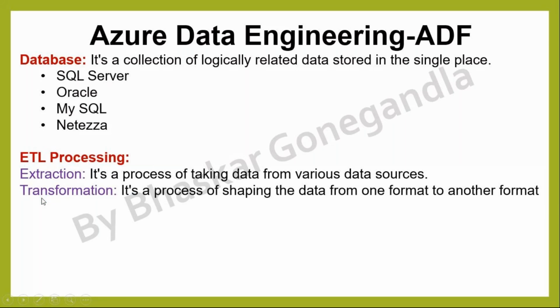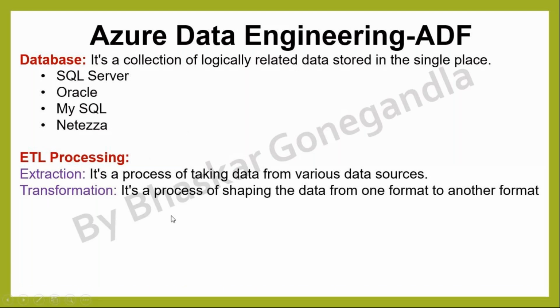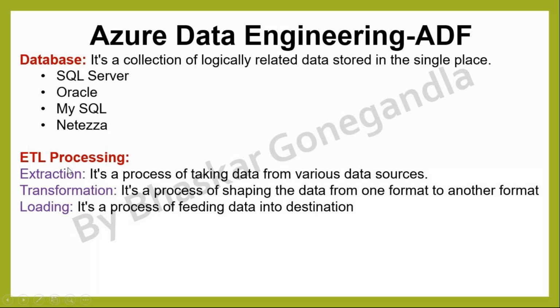When business data is distributed and you are integrating it, we definitely need to apply transformation. What options we have to apply transformation, we are going to see as part of the data engineering services. Once you have done the transformation, we feed the data into the destination.